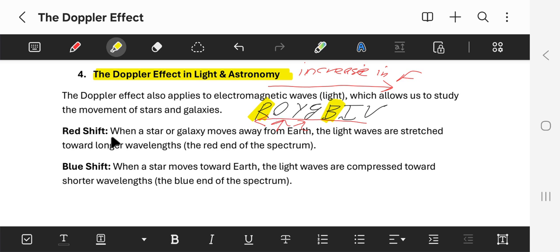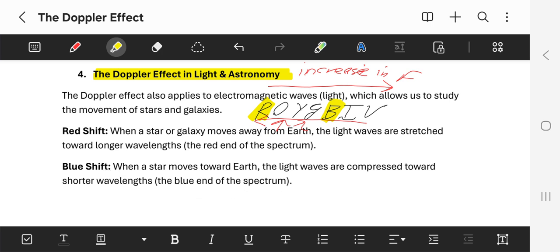So in terms of this blue shift, making reference to the stars, we will talk of the stars or the galaxy to say, because the frequency is increasing, that means the star or the galaxy is actually moving towards the Earth, and this means that our light will be having compressed or shorter wavelengths, and that means frequency will increase, which means that we are moving to the blue end of the spectrum.